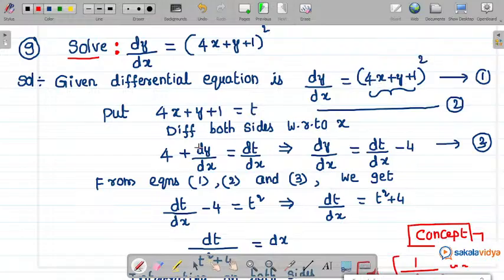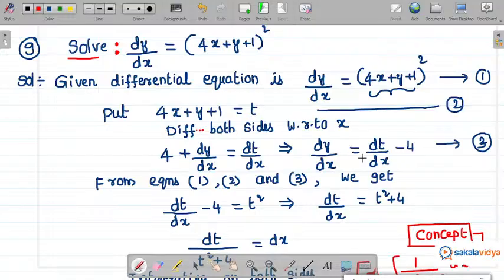Put 4x plus y plus 1 is equal to t, or v, some textbooks z also you can write, no problem. Differentiate both sides with respect to x. 4x differentiation is 4, plus y differentiation is dy by dx, 1 differentiation is 0, t differentiation with respect to x is dt by dx. So now here we should write dy by dx in terms of dt by dx.